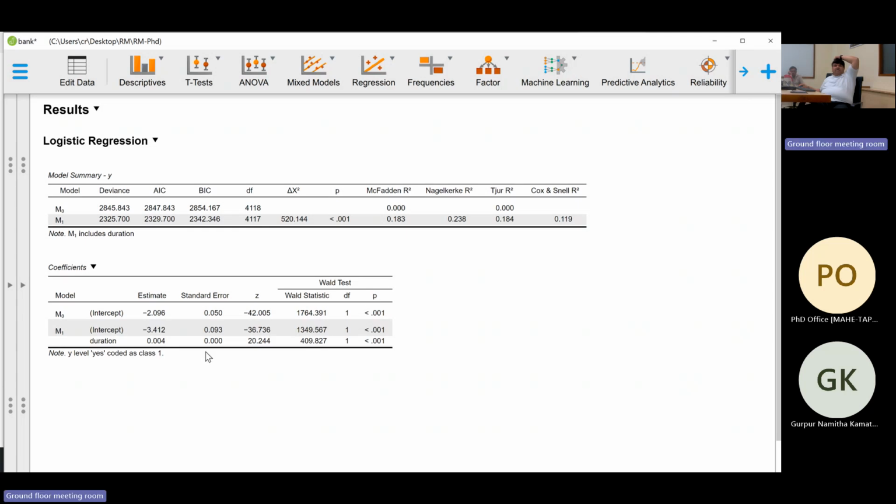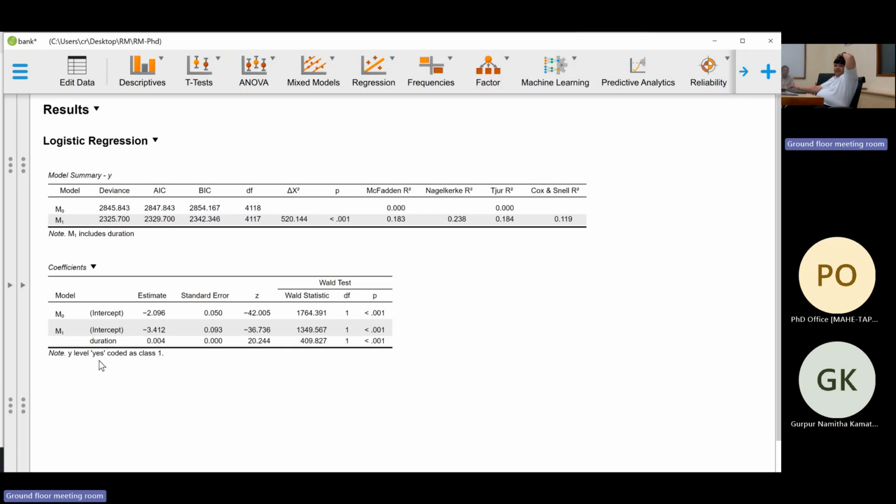If you see the estimate, it's showing positive. That means if you have spent more time with the customer in telemarketing, there is some higher chance of getting a yes.